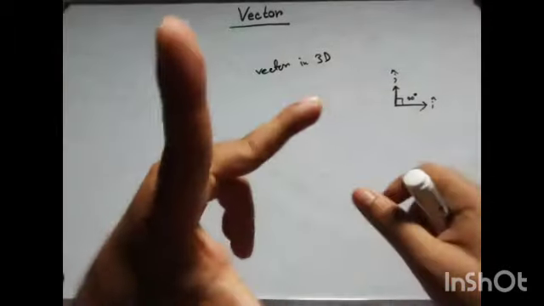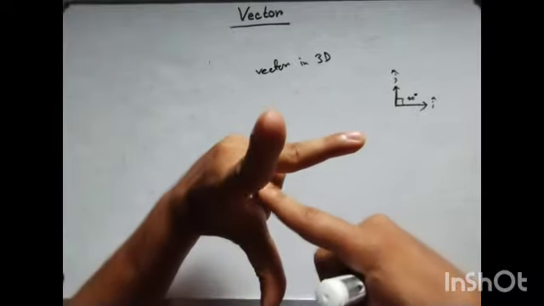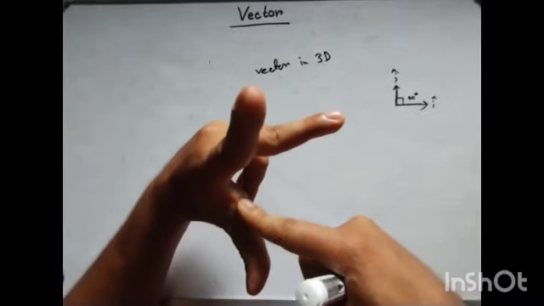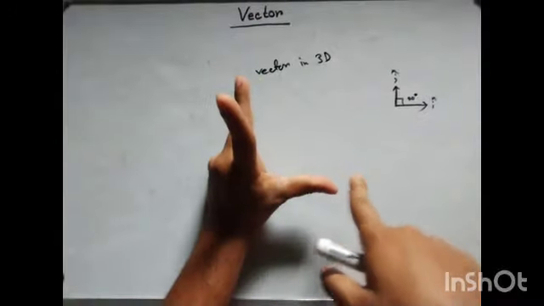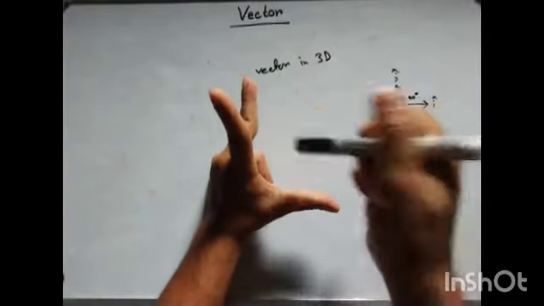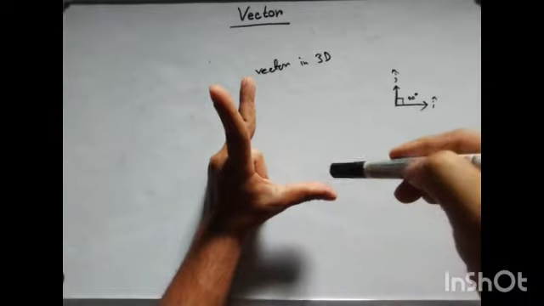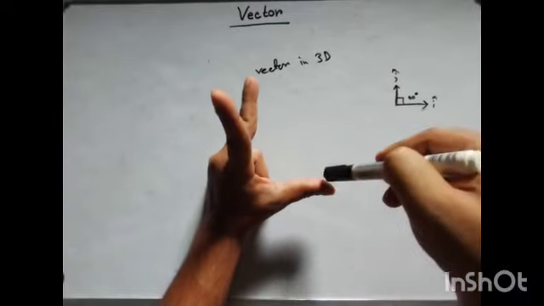Now suppose this is your x-axis and this is your y-axis, these are in the plane of the board, and 90 degrees with each other.